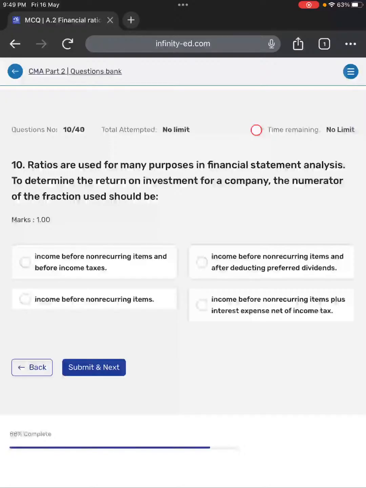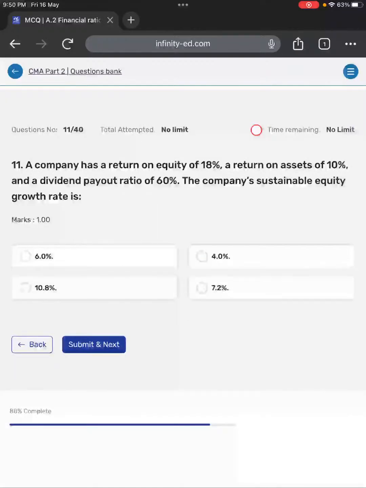Income before non-recurring items and after deducting preferred dividend is also not correct. This should be after preferred dividend. Preferred dividend is mandatory.